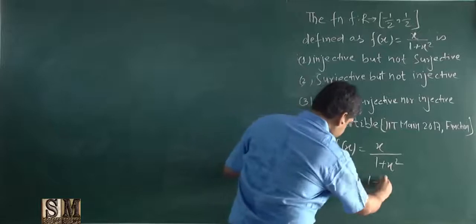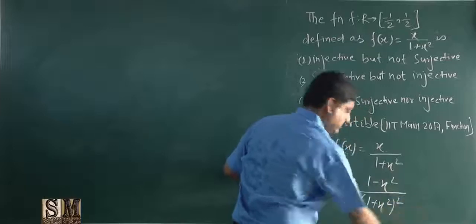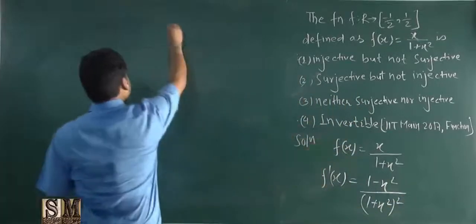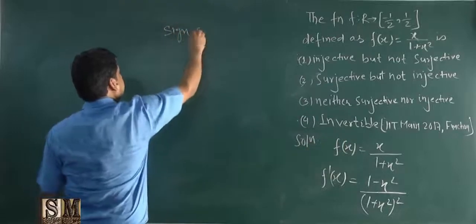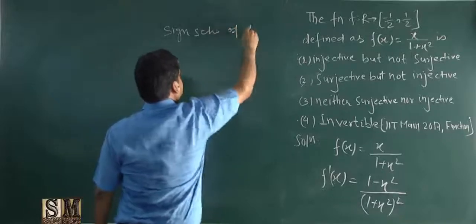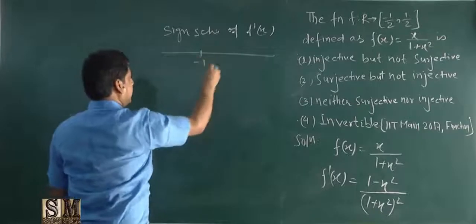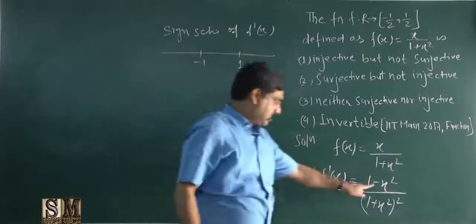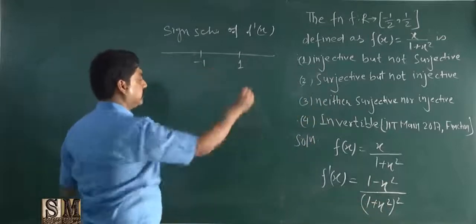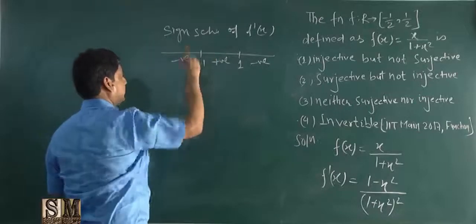When you do the differentiation, you will get this. Now you can do the sign scheme of f dash x. Minus 1, 1, because x square minus 1 is equal to 0 gives minus 1 and 1. This will be negative, positive, negative.